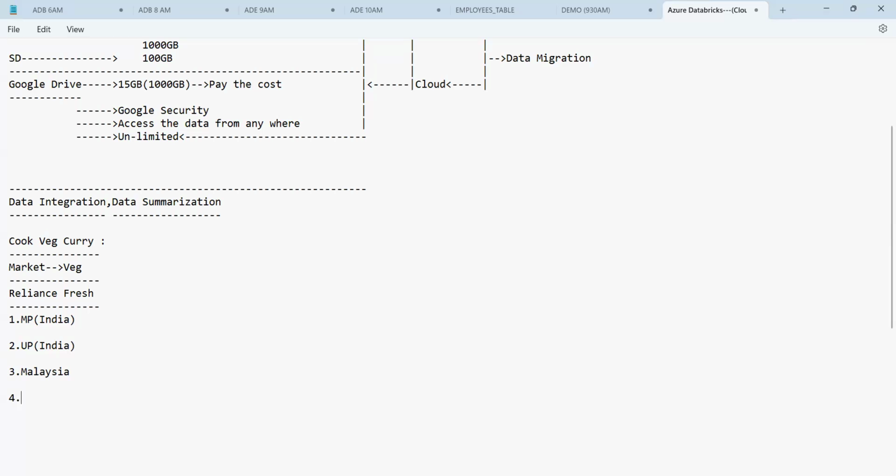Vegetable number four, from the USA. Vegetable number five, from J&K, India. And vegetable number six, let us say, from Tamil Nadu, India.